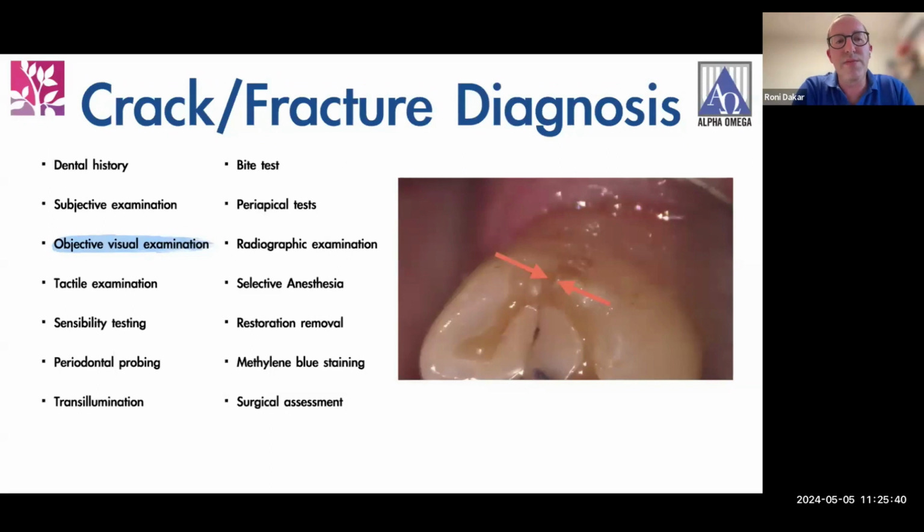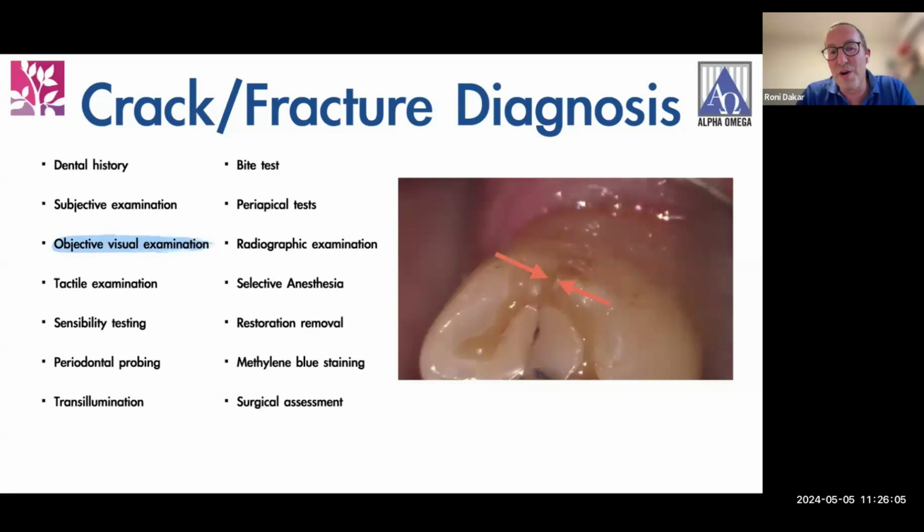So the diagnosis of a crack is difficult when it is not visible to the naked eye. We, of course, rely on the entire regular and fixed examination sequence that every patient who comes to us goes through. But there are several tests, both regular and additional, that I would like to emphasize and detail.